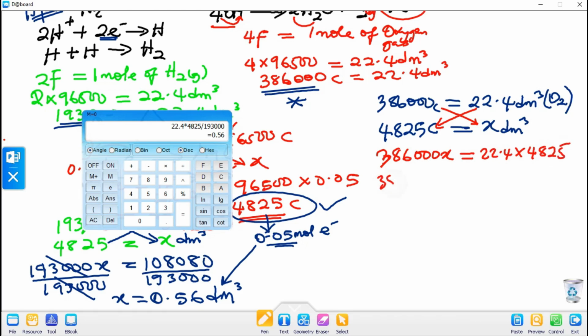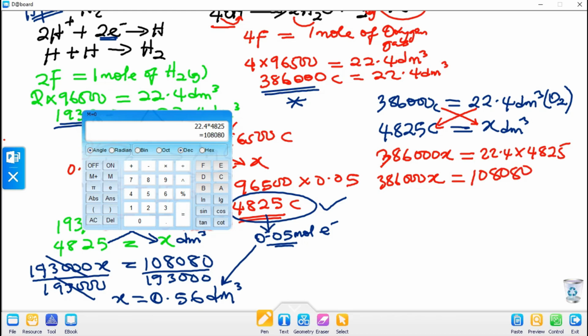Let's do that. 22.4 times 4825 gives us 108080, which we did before.